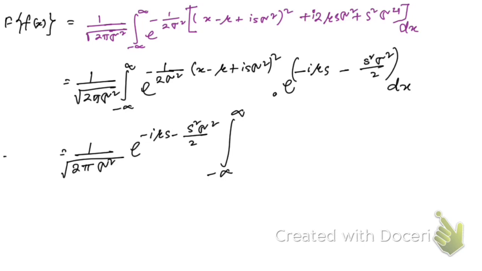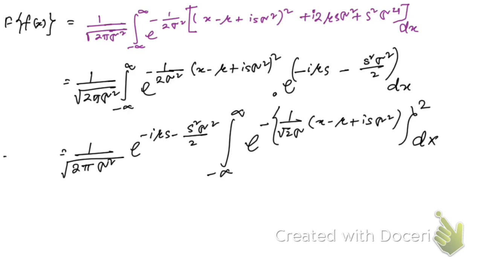This whole thing can be written this way: e to the power minus, root 2 sigma, x minus mu plus i s sigma square, and this whole thing is square, dx. That's what we can do, right?